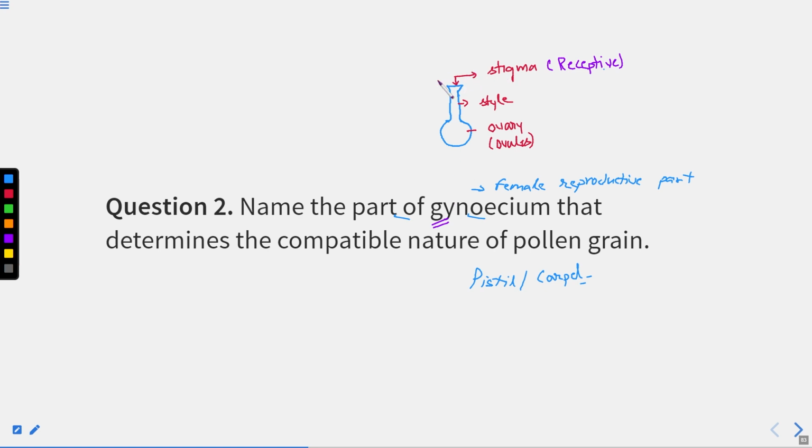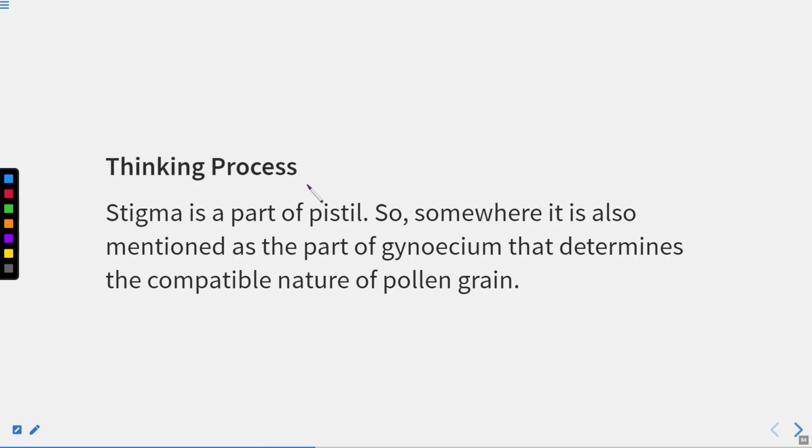Parts of the gynoecium are stigma, style, and the ovary. And that part should determine the compatible nature of the pollen grain. Now let's have a look at the answer here. So this is a thinking process that I have given. This will help you understand this question and it will help you answer this question as well. So stigma, I've already told you, it is the part of the pistil. So what happens?